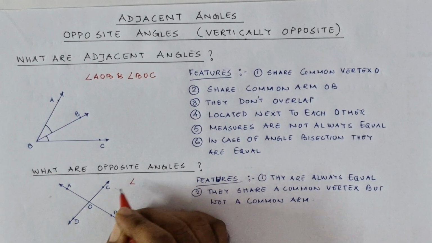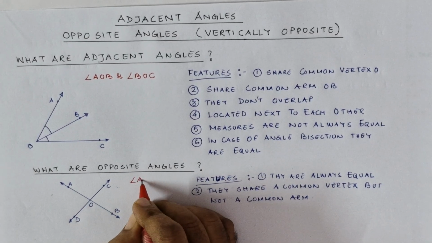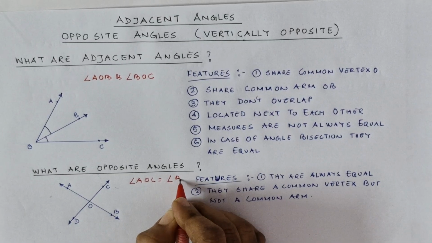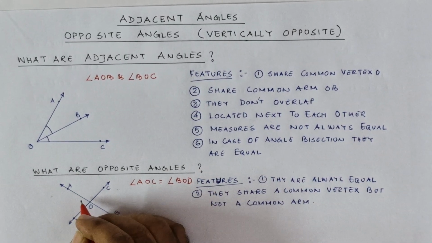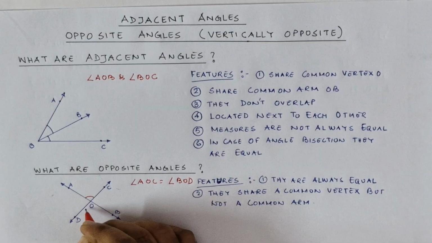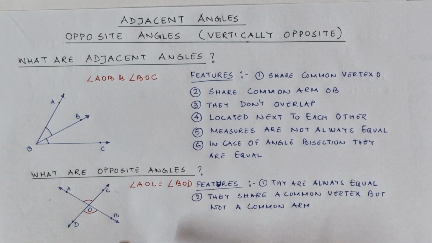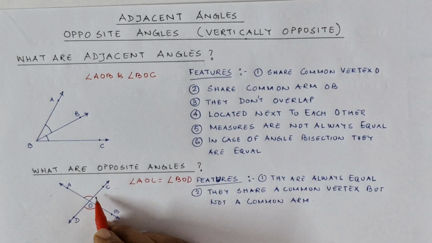For example, here in this figure, angle AOC is equal to angle BOD. So this angle is equal to this angle. Got it? Again, there will be two sets of vertically opposite angles.